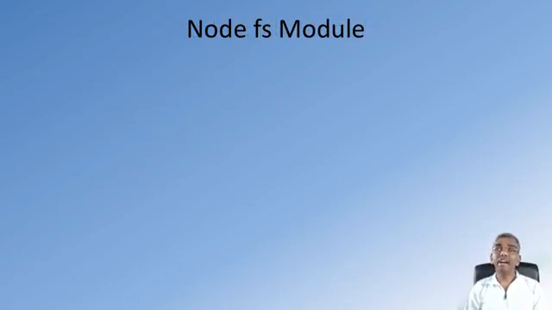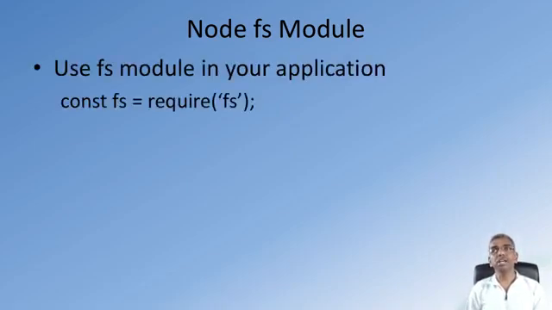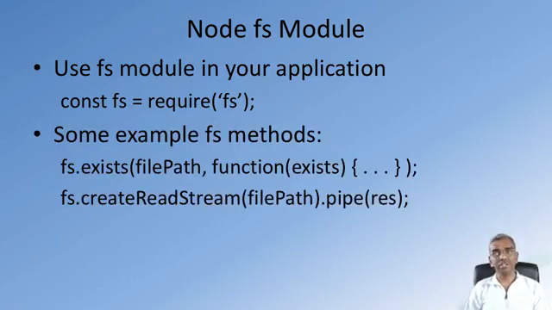Similarly, the file system module, again a core module in Node, will enable us to read and write files that exist in the local file system on the computer. So the file system module can be used within our Node application by requiring it as shown here. And then this file system module supports many methods, including a method for checking whether the file exists in the local file system or not.